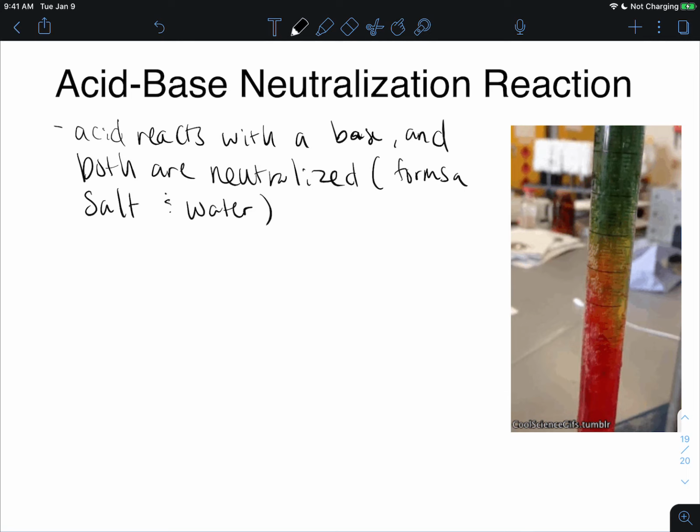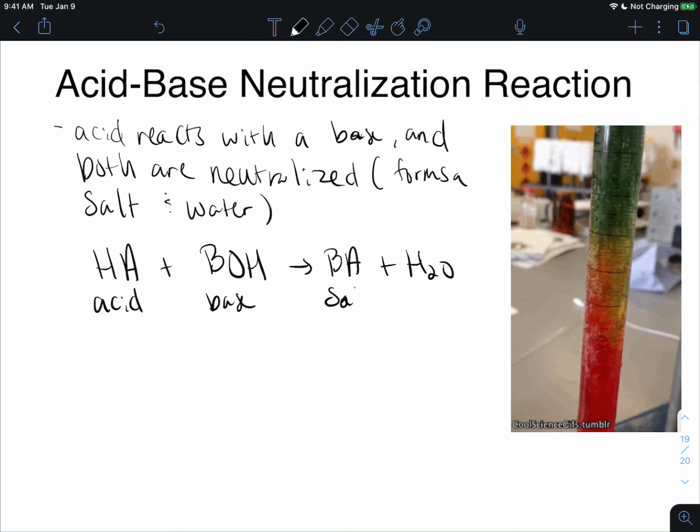Okay, so we're going to have HA, this is our acid, reacting with BOH, our base, to produce BA, our salt, and water. So acid, base, salt. And I feel like I don't need to put water on the other one, but just in case, water. Some examples, HCl, hydrochloric acid, reacts with sodium hydroxide to produce sodium chloride and water.